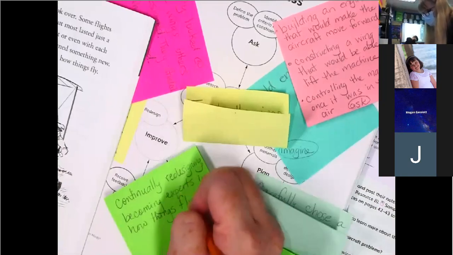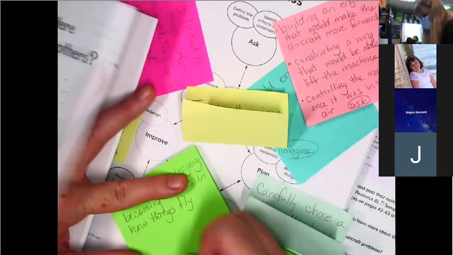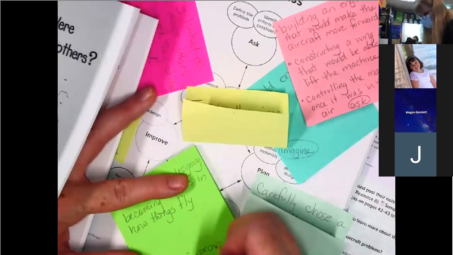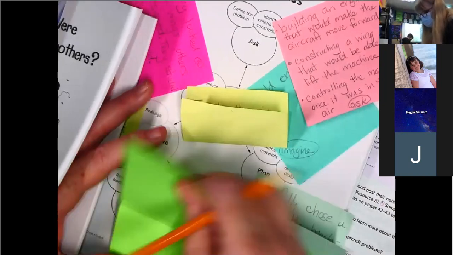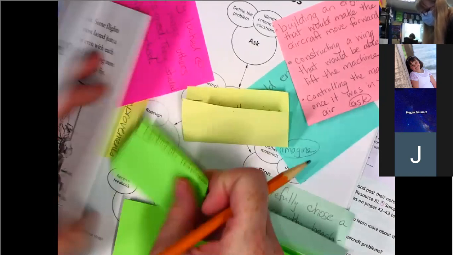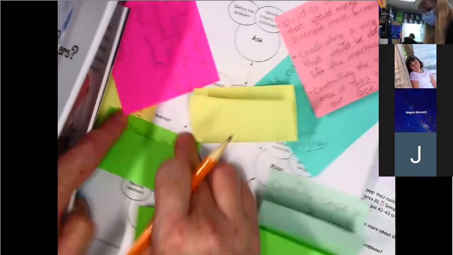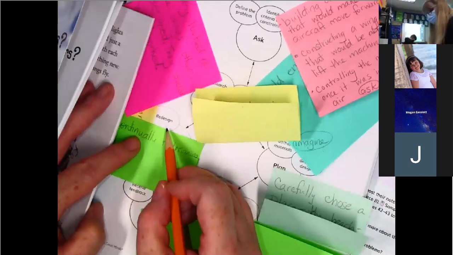So what does that go under? Where does redesign fall? Improve. Because you already said improve. Right. So improve. Yes, that goes under improve. How do you spell redesign? It's right there above your improve.